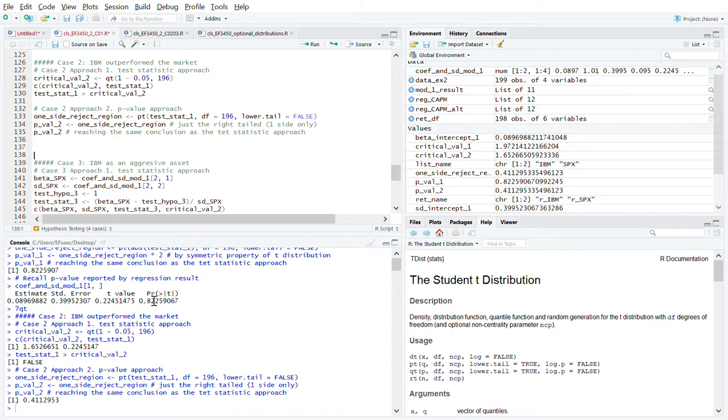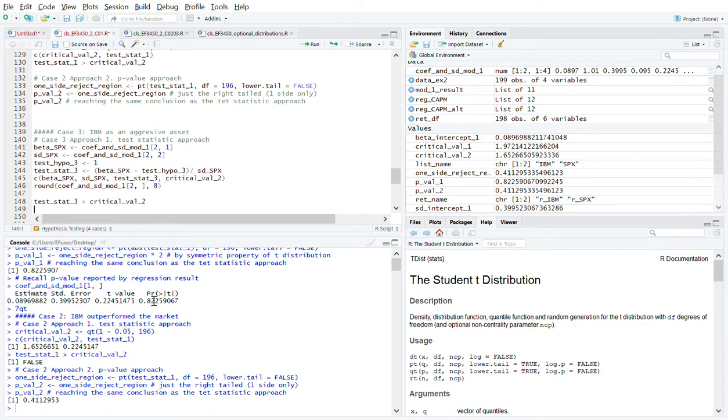For the second right-tail test, we are going to test whether IBM is an aggressive asset. Basically, we are going to test the null hypothesis that beta 2 is smaller or equal to 1 against the alternative hypothesis that beta 2 is greater than 1. So we have a non-zero hypothesized value this time.